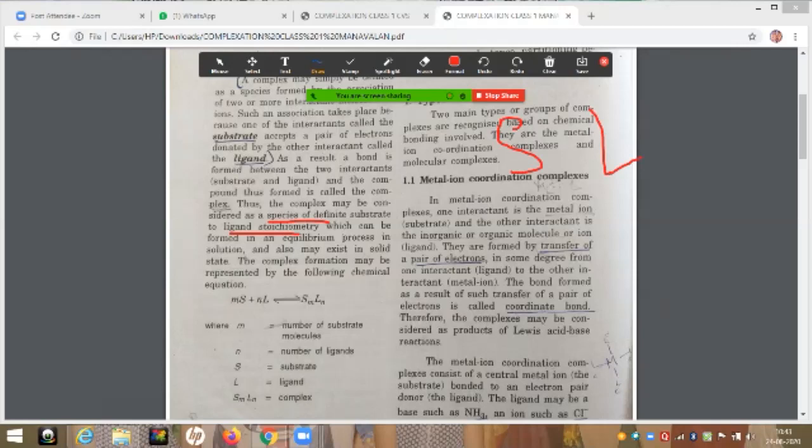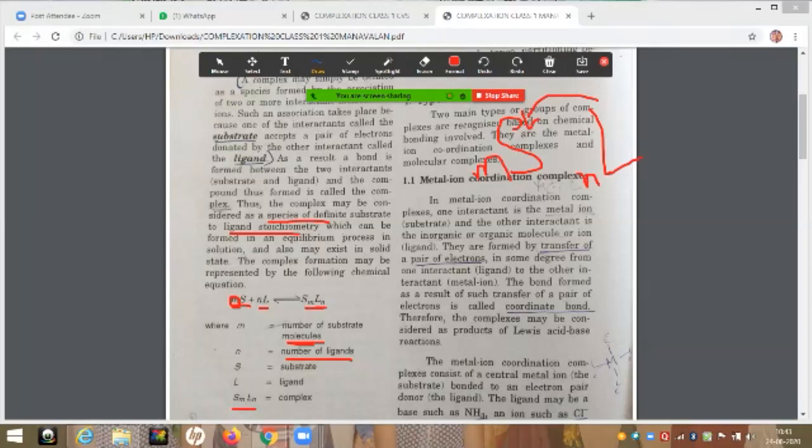So here if I consider mS plus nL, the term m indicates the number of substrate molecules. How many substrate molecules are present to accept the pair of electrons? And n stands for the number of ligands. How many ligands are there to give away the pair of electrons to these substrate molecules? That will give you the complex.